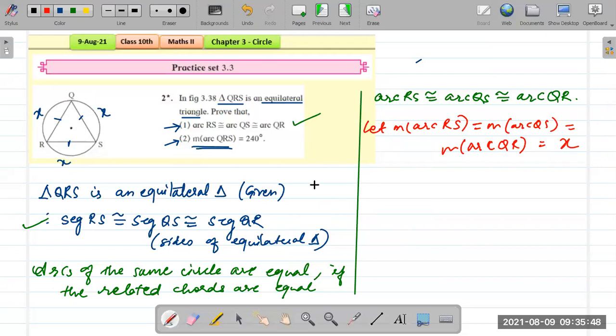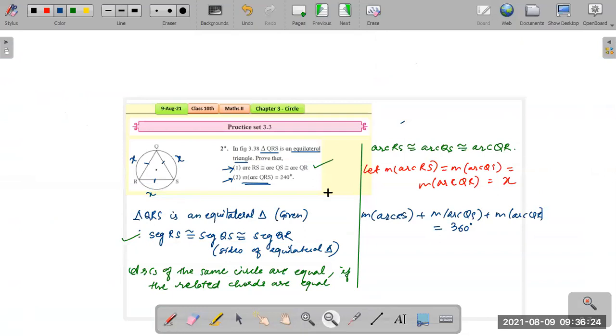So you need to write it out properly: measure of arc RS plus measure of arc QS plus measure of arc QR, the total is equal to 360 degrees. You need to write out the reason. What is the reason for this?